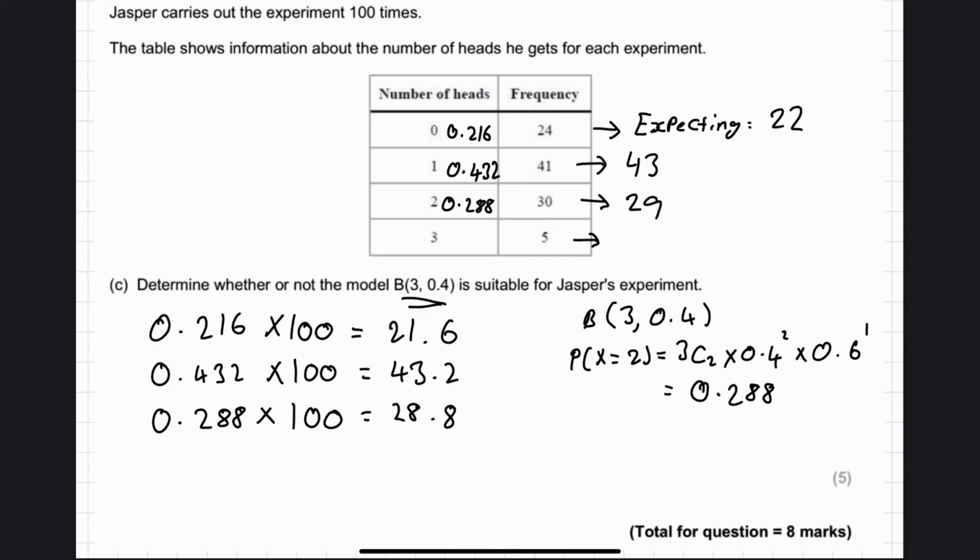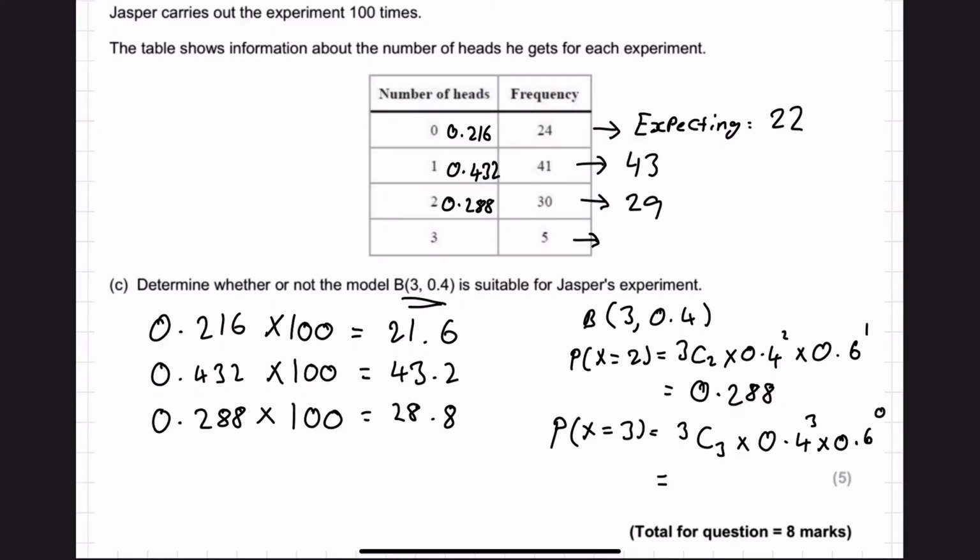And then similarly, if I want to find the probability that x equals 3, I'm going to do my n choose x, times my 0.4 to the power of 3, times my 0.6 to the power of 0.